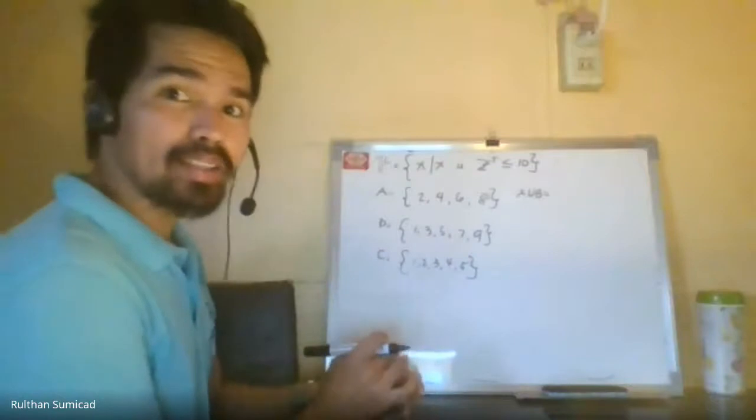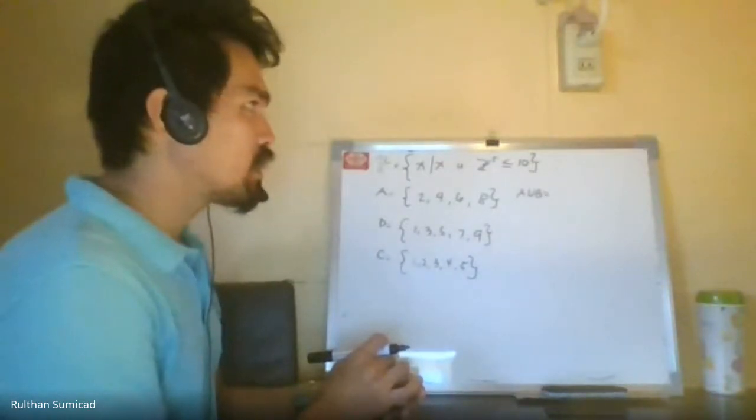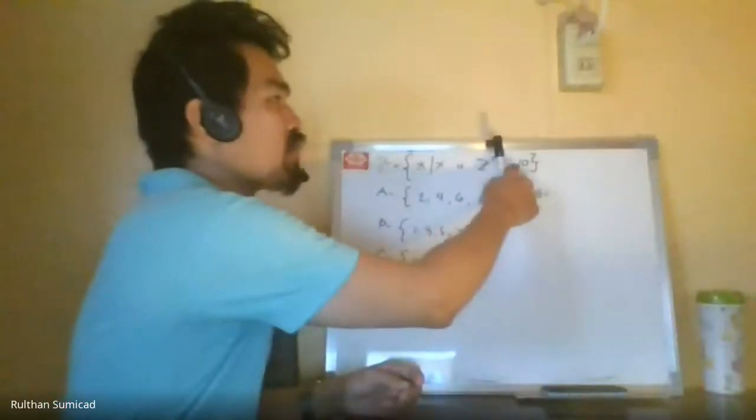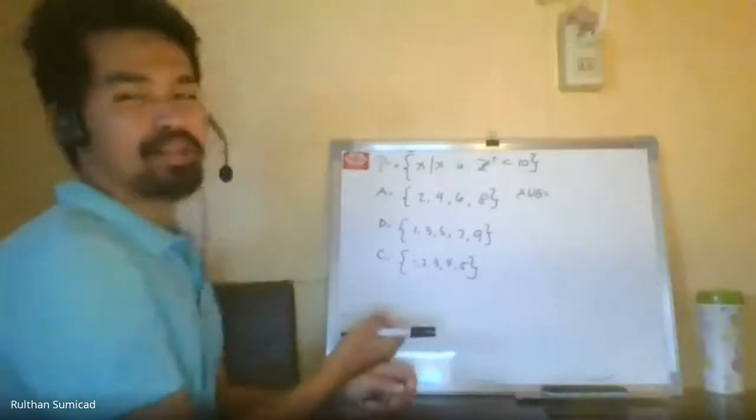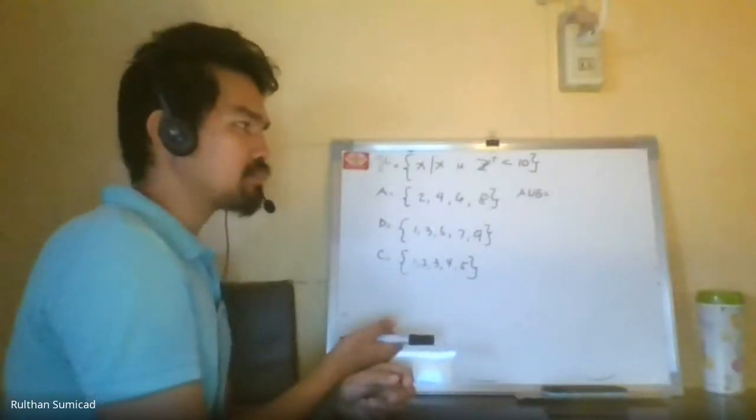Or excluding 10, right? Is 10 included? Excluded, sir. Okay, I'll remove that one. Sorry. What is A union B?